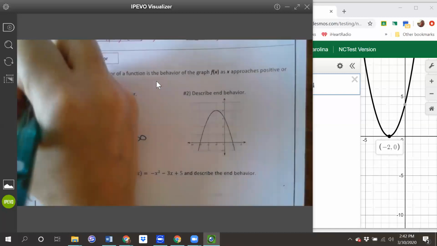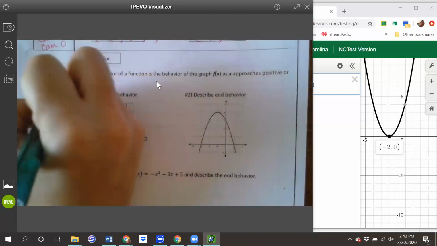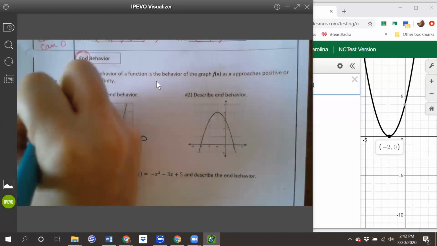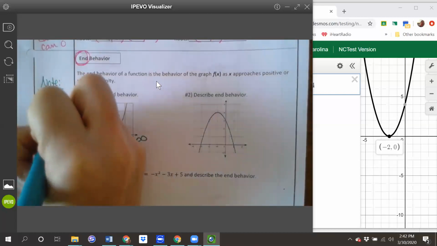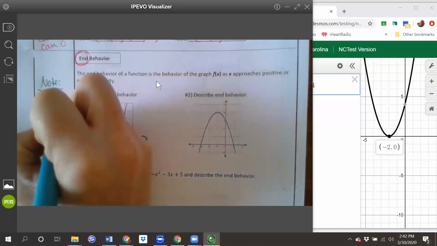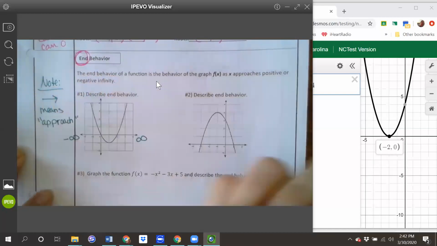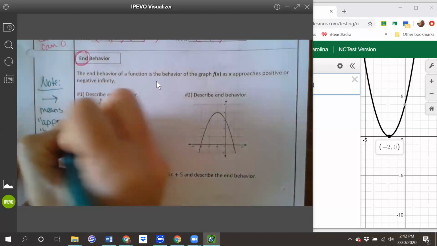So I'm going to have a little notation going on here. I'm going to be using this arrow. And the arrow in math means that we are approaching. So it approaches, or some people will say it goes to.